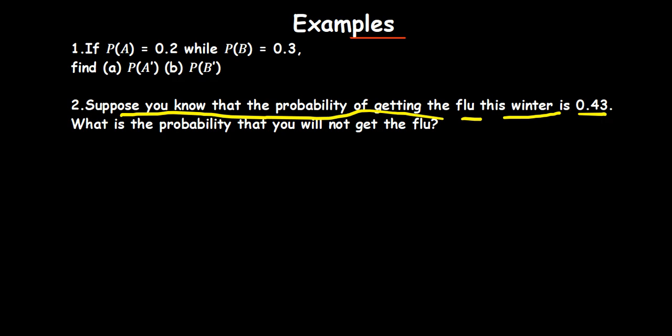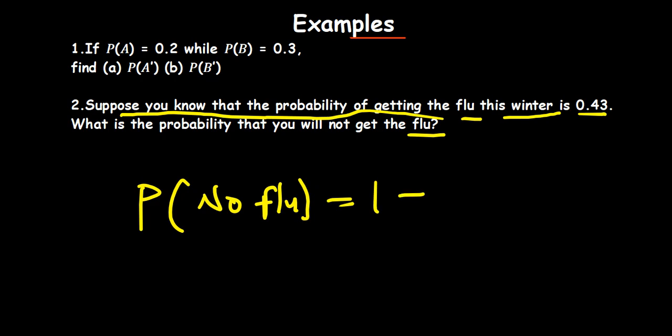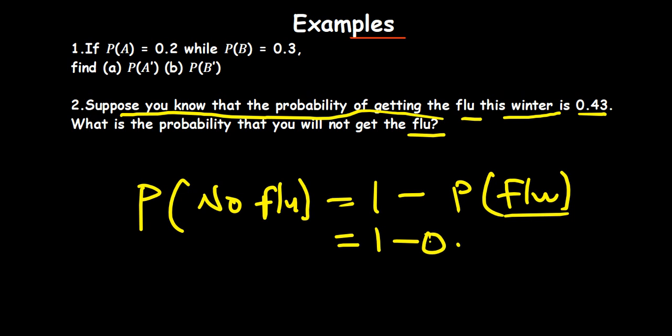The probability that you have no flu is the same as 1 minus the probability that you have flu. This very simple rule, guys, is very important in probability, even when you go to statistics. So we say 1 minus the probability of the flu, which is 0.43.